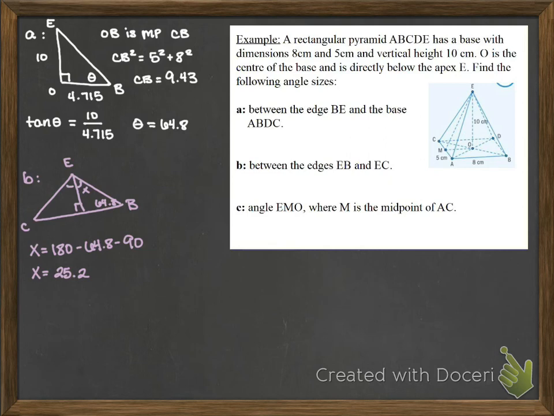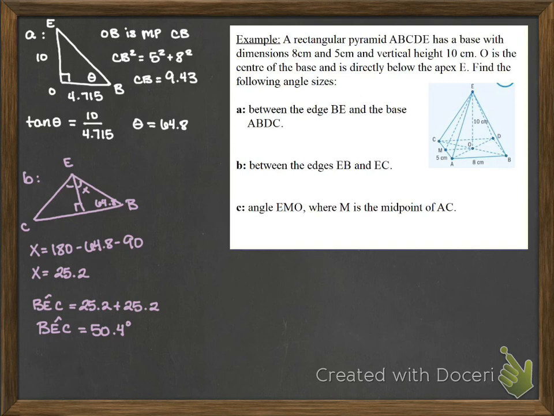Since EB and EC are the same length, they are isosceles, so those base angles are the same. So those top two, where I have the curves, have to be the same. If x is 25.2, we add that one more time to get the full angle of BEC, and we get 50.4 degrees.